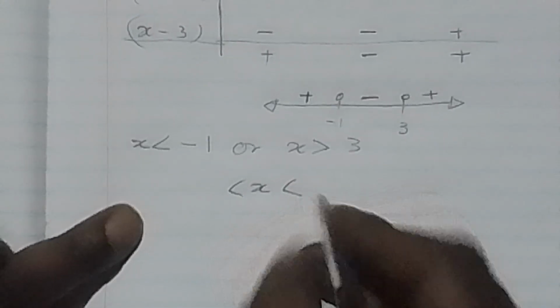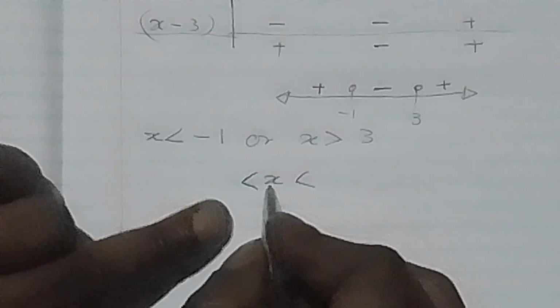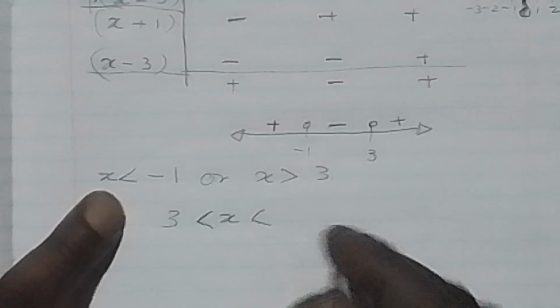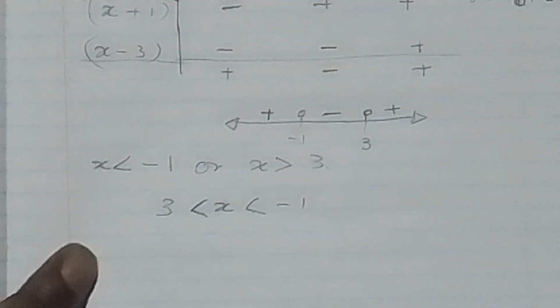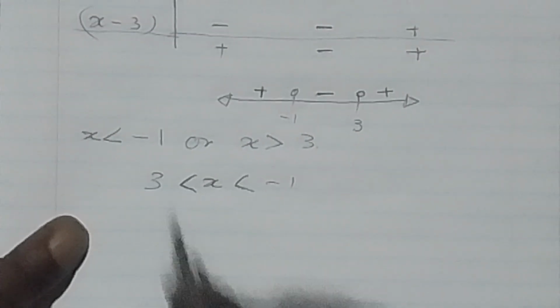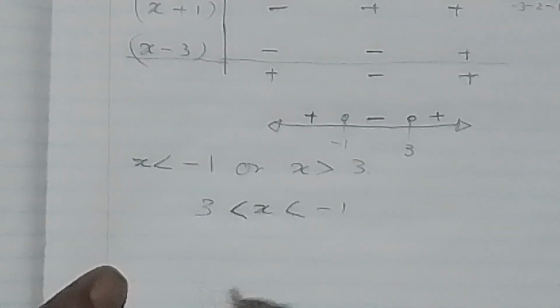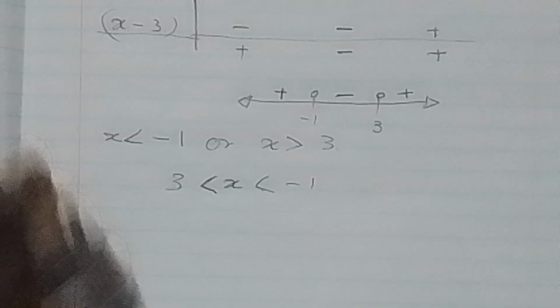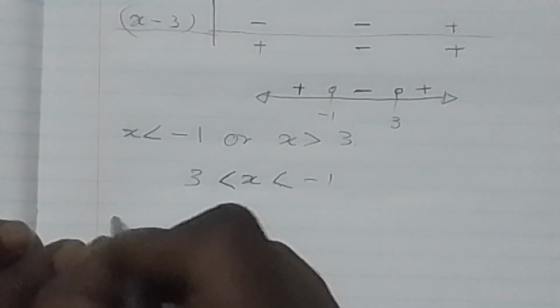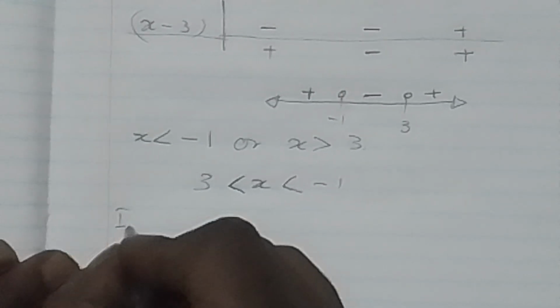You can put it under one umbrella like this. So x is greater than 3 and x is less than minus 1. This is your final answer. And then, for your interest sake, there is what we call interval notation.